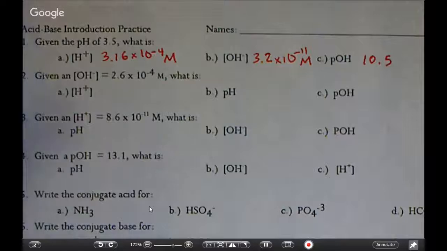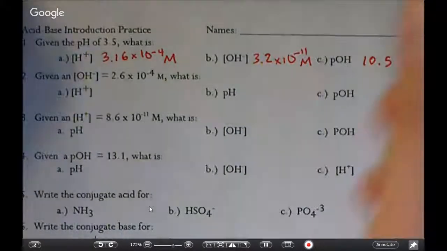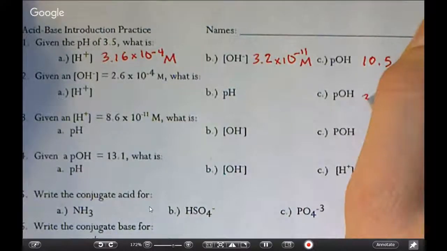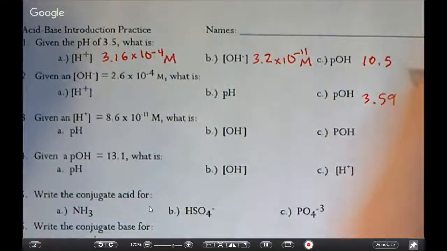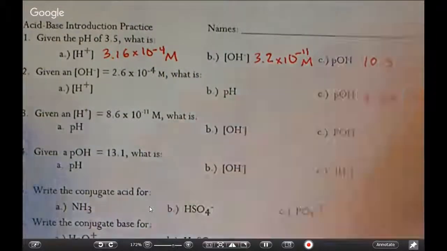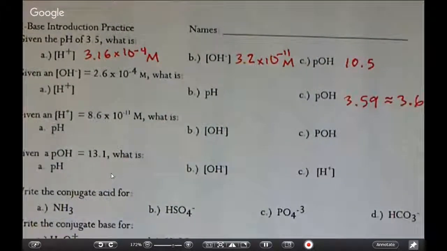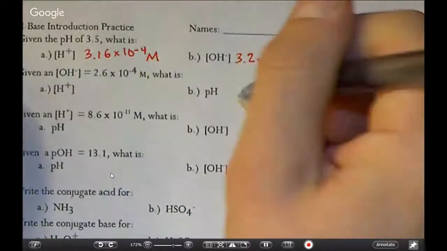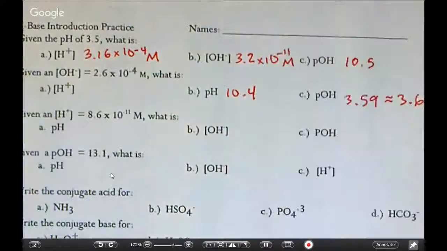Okay, for number 2. pOH comes out to 3.59, or about 3.6, which means pH is 10.4.